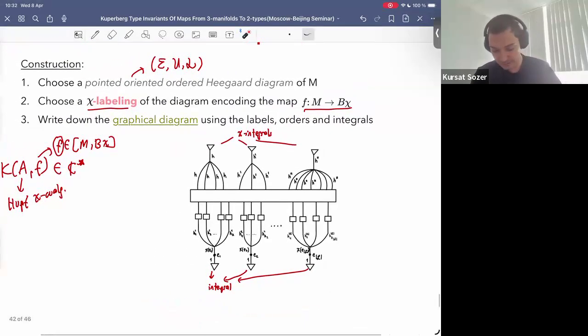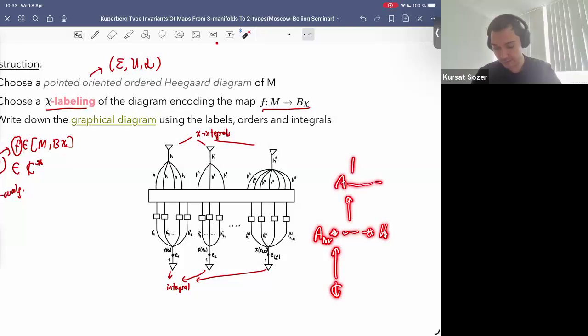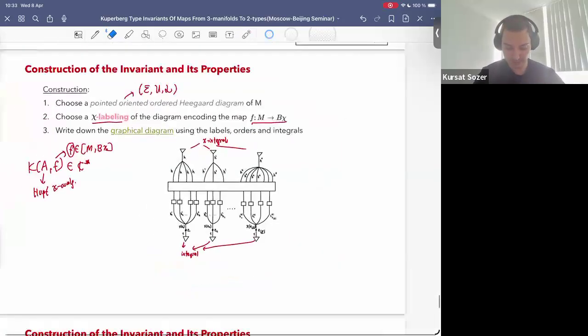When we do this, if you are familiar with graphical calculus, this is precisely a diagram from C to C. It starts from the empty set to the empty set. So it goes from C to H tensor A for something in the Hopf algebra. It applies another thing, A. It applies symmetry, and then at the end it goes to C, which is a linear map. It corresponds to a number.